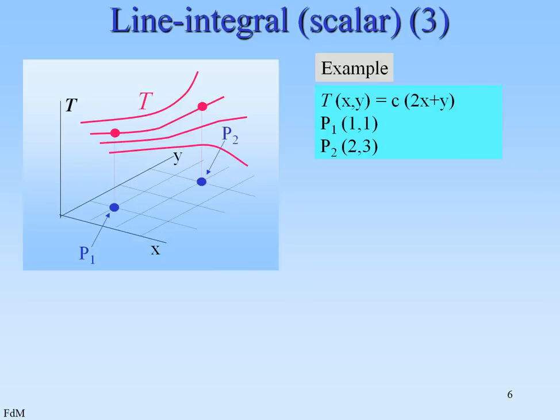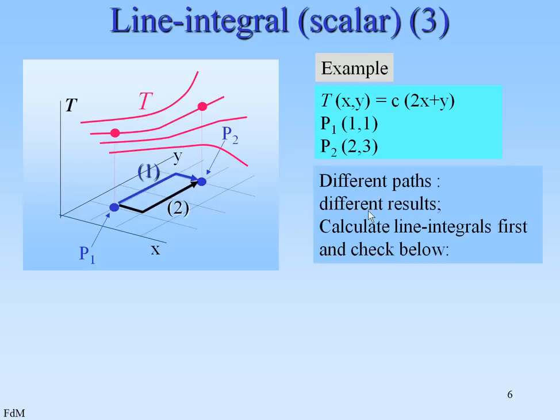For instance, suppose we have a temperature field as a function of x and y, a constant C times 2x plus y. And we have 2 points, P1 and P2. What is the integral over this temperature field? Different paths will lead to different results.